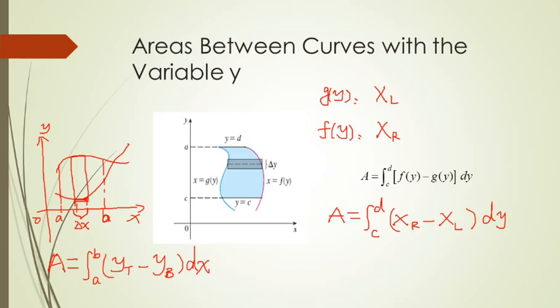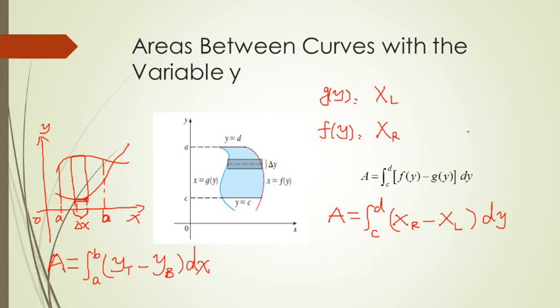This is the old one. We usually use the top function curve minus the bottom one. Then we rotate this one by 90 degrees, so you get a horizontal rectangle. This one is the right function curve minus the left function curve, but they are all expressed using y.